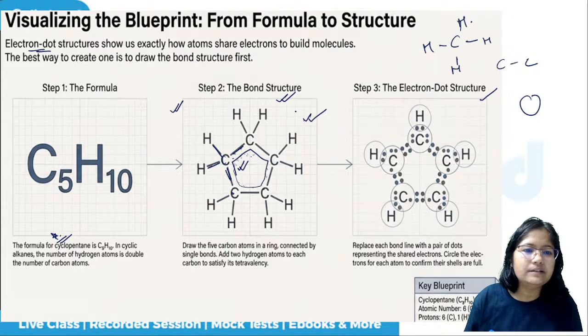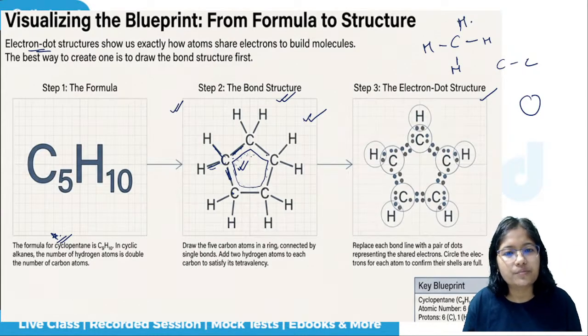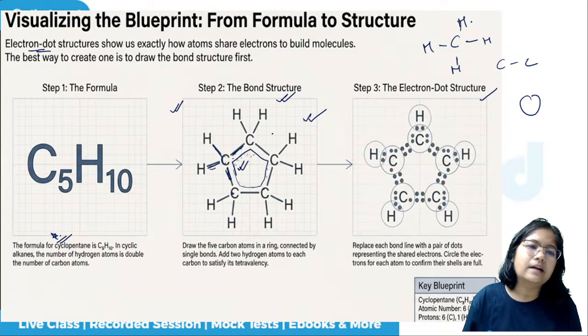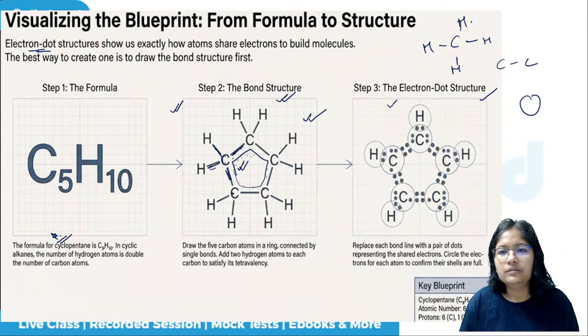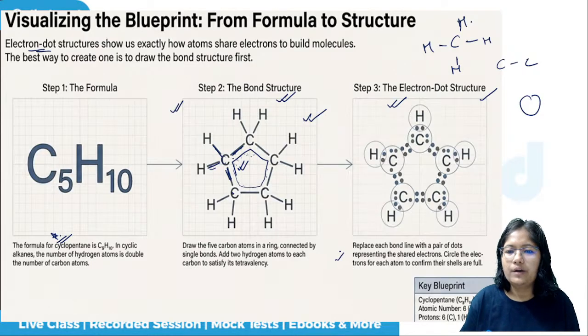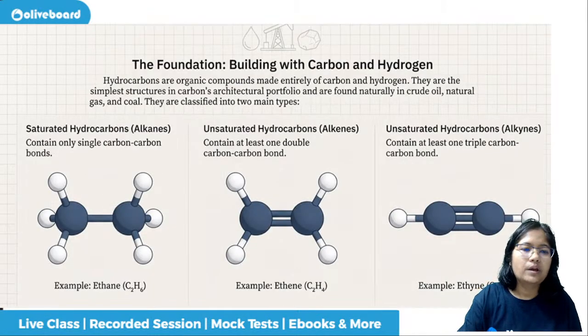Here you can see that bonds are formed and carbon is again showing tetravalency, and it is also forming bonds with other carbons in a cyclic manner. Now coming to the electron dot structure, this is a way of representing it. It can be represented like this also.